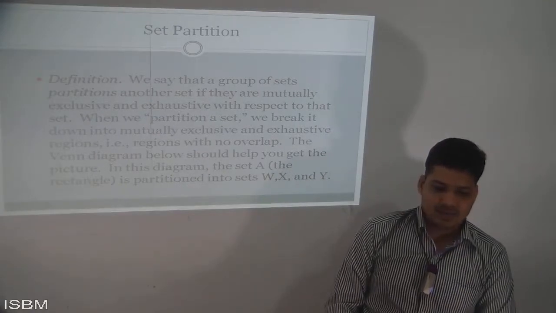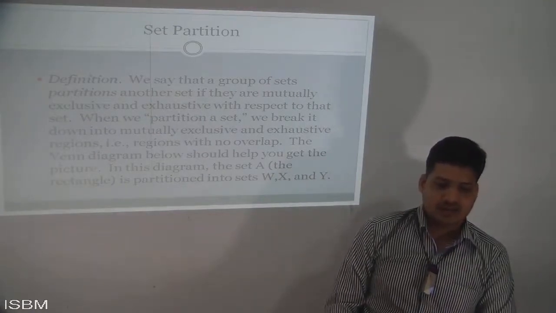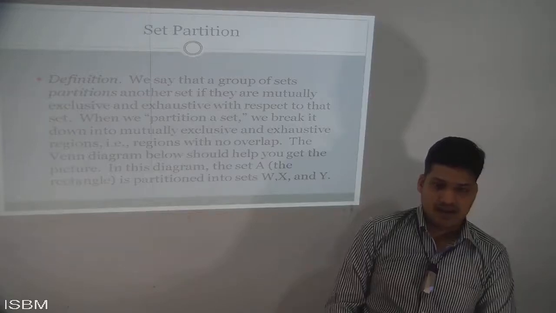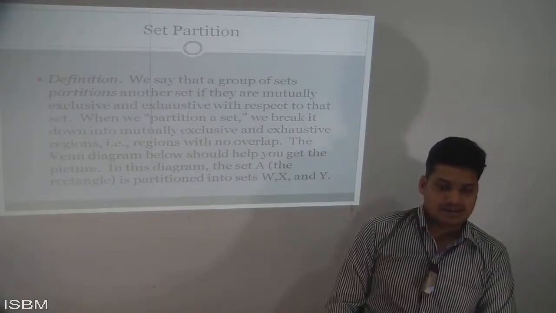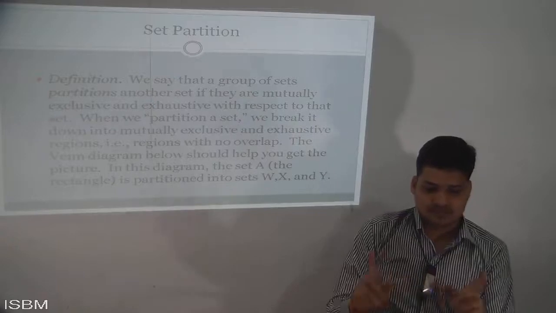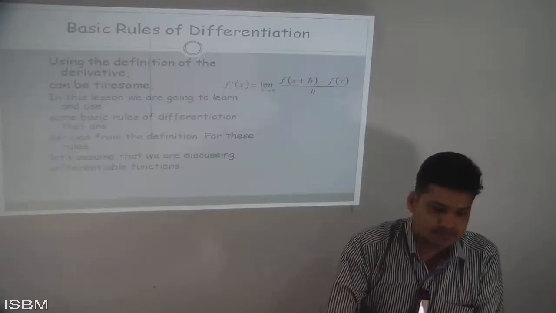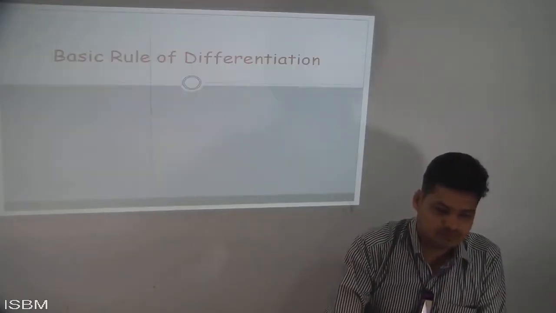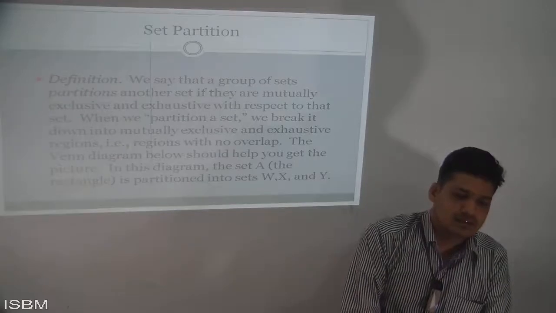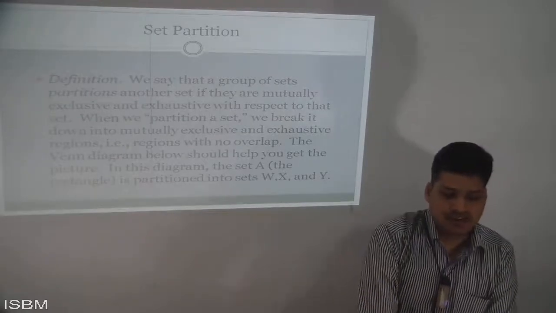The Venn diagram below should help you get the picture. In this diagram, the set A, which is a rectangle, is partitioned into sets W, X and Y.